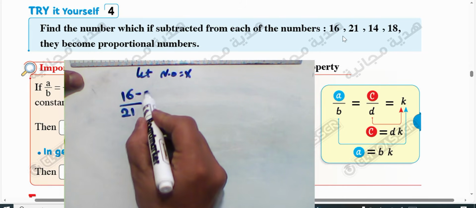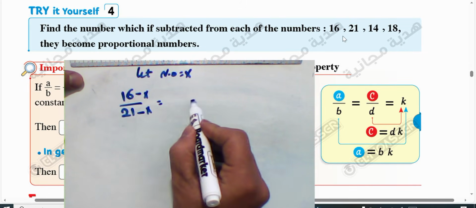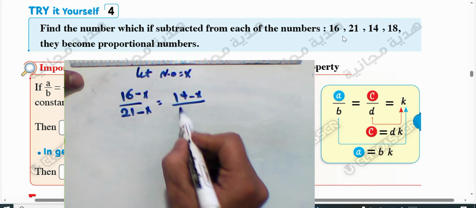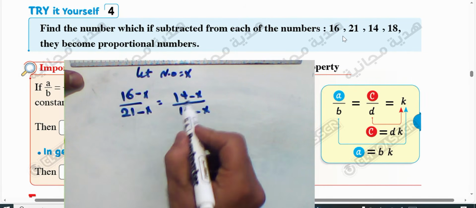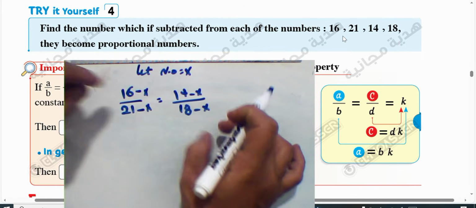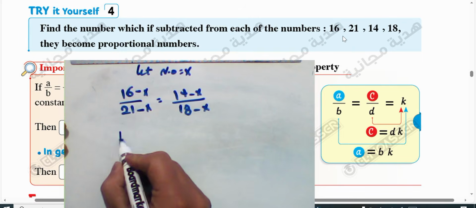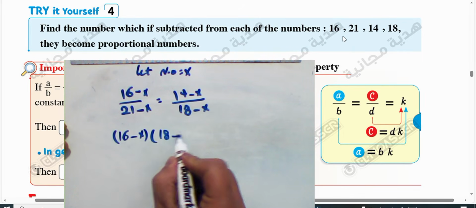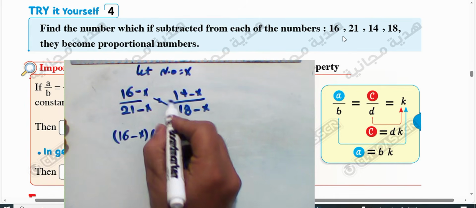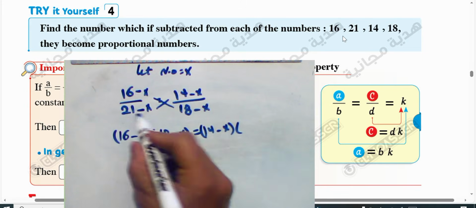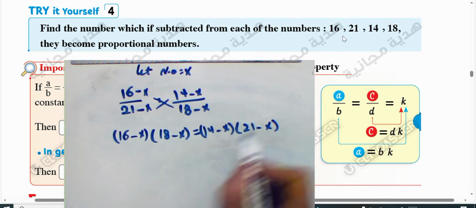Subtract like this, subtract the number x, and also 14 subtract x, and 18 minus x. Then find the number by writing the product of extremes equals the product of means, like 16 minus x times 18 minus x, and here 14 minus x and 21 minus x.